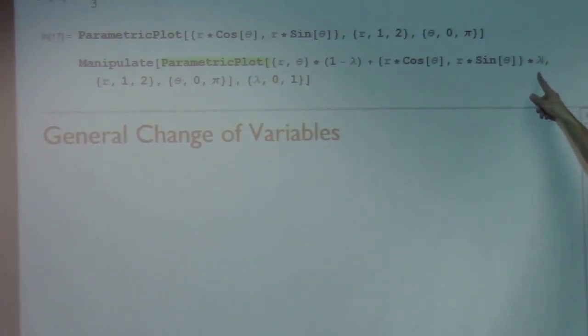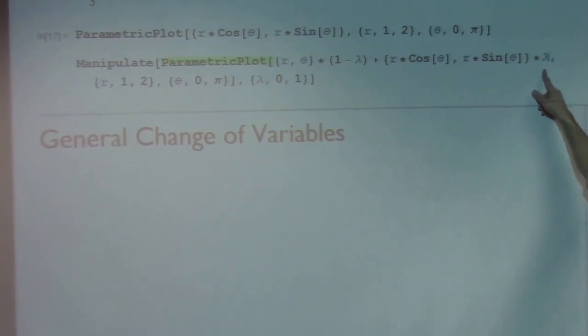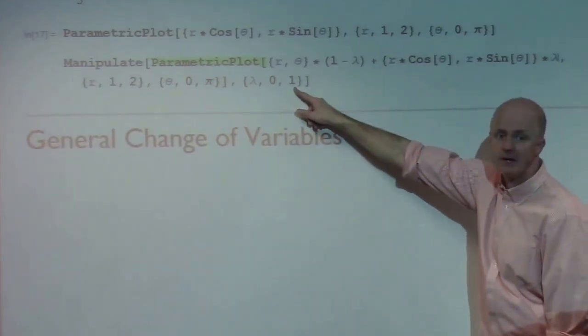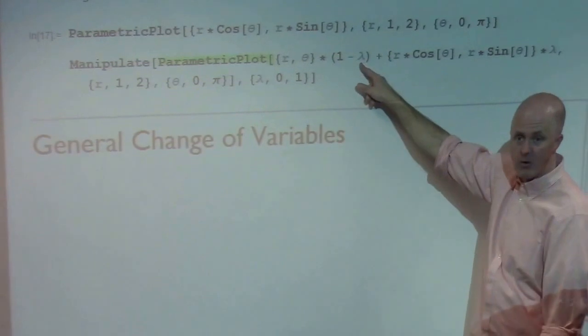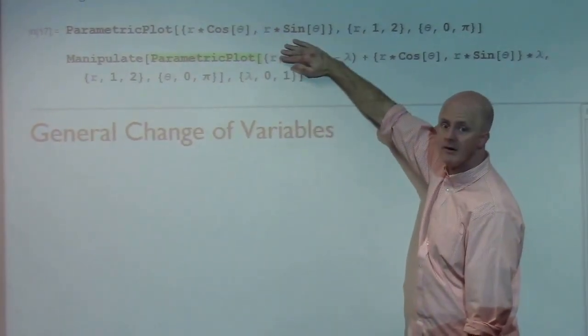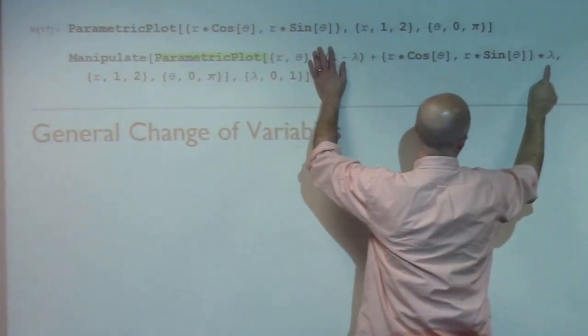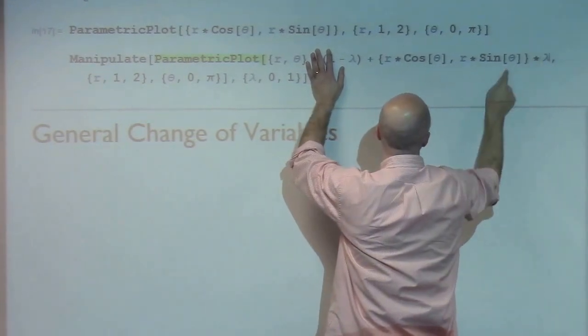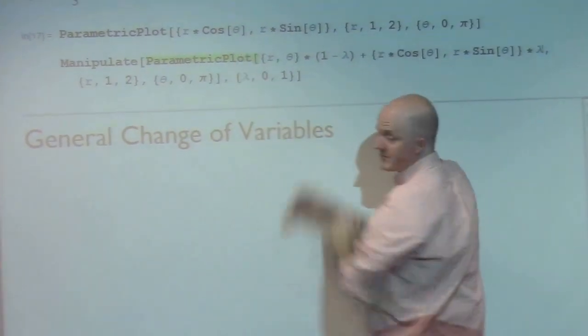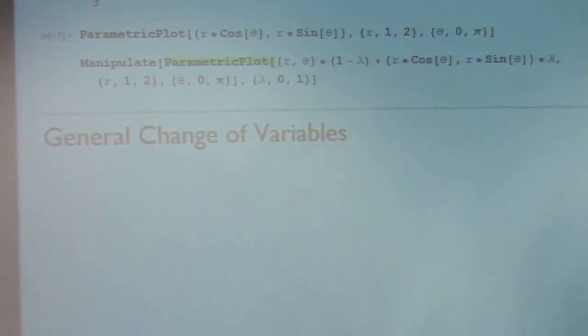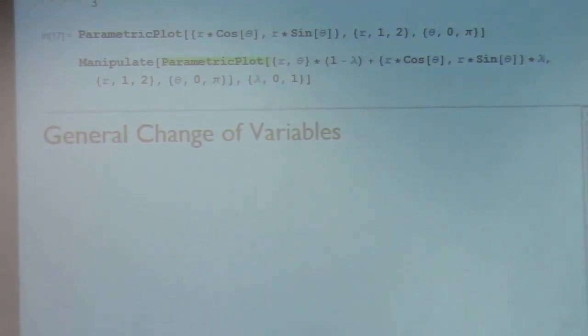When lambda is 1, which is the last value of lambda, that's 0. This part's not there anymore. That's 1. When lambda is 1, you get the graph of just this thing, which we've already graphed. It's this half of a washer in the xy plane.